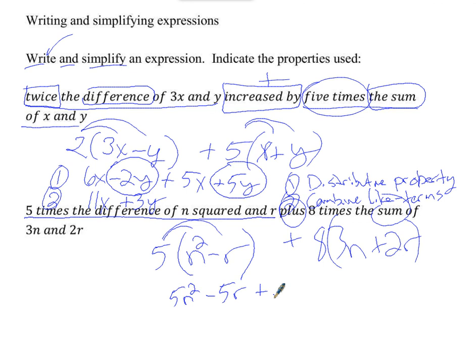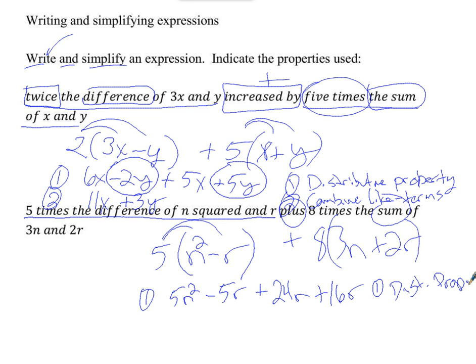Plus. So that's a positive 8 times 3n, which is 24n. And then a positive 8 times a positive 2r is, so plus 16r. All right, and that is my first step. So over here, I'm going to call that, and I don't have room, so I'm going to abbreviate, distributive property.